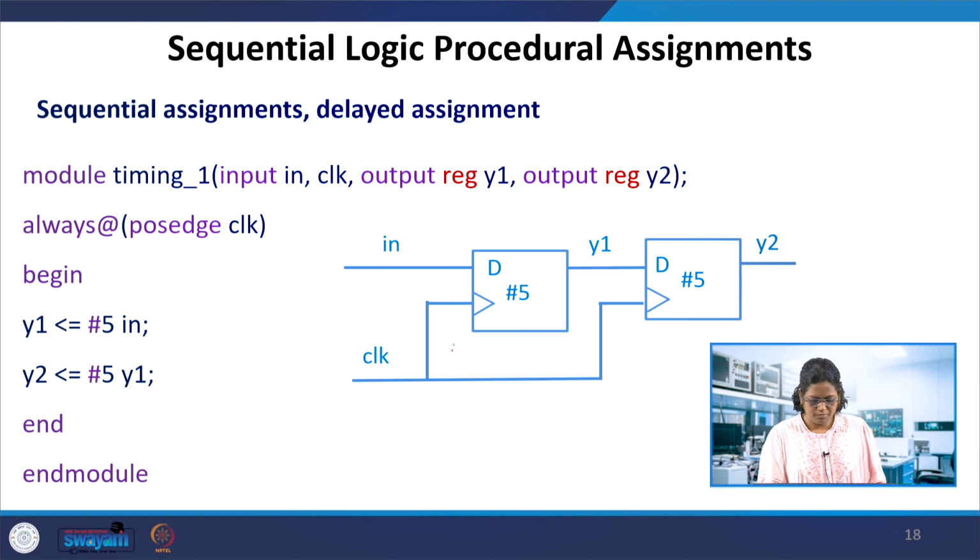So this model is simply the input delayed 5 time units, that gets y1. After that, y1 is delayed 5 time units, getting y2. Okay. So this is the model of the non-blocking assignments with sequential execution.